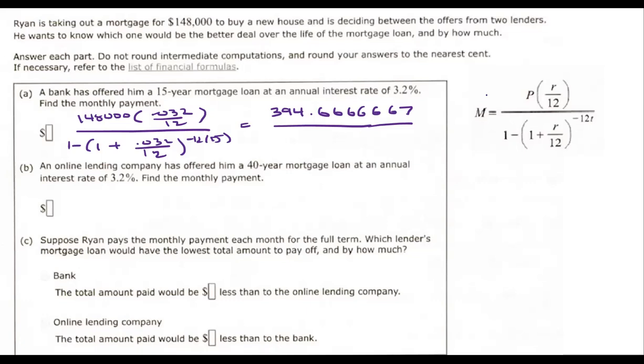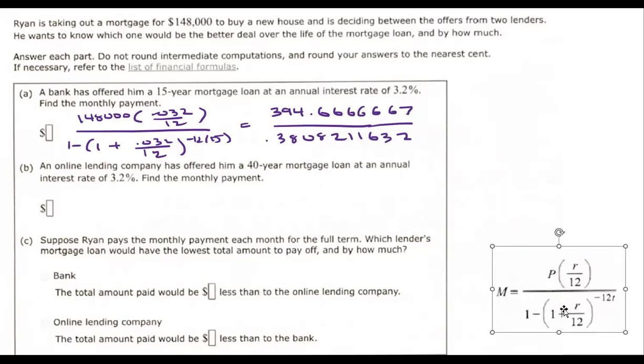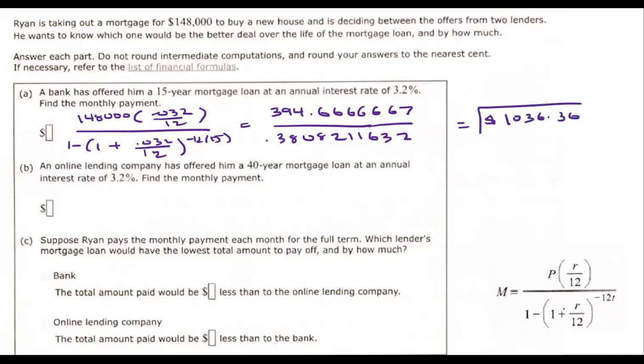And then the denominator here, I got 0.3808211632. Okay. And then for the answer for that one, we get $1,036.36. Okay.